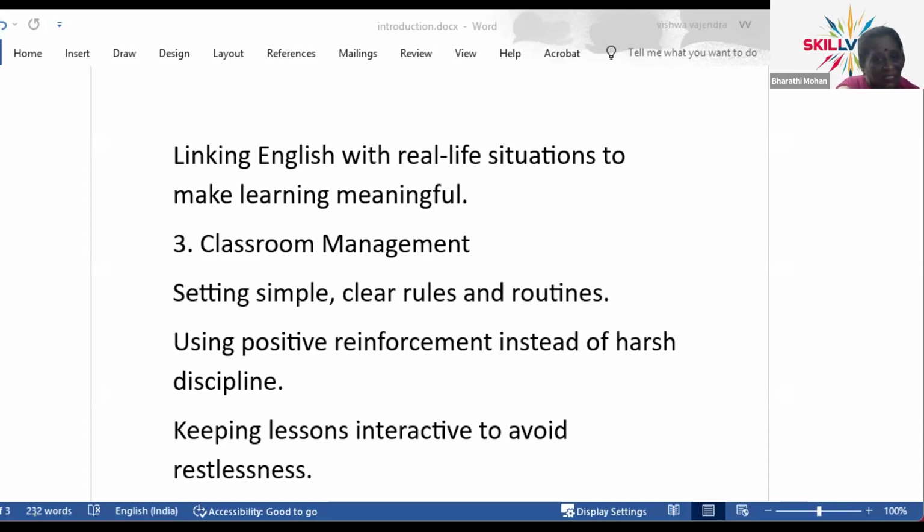Then we should have certain strategies for differently abled children. If they have a physical disability, we have to see that they sit where access is very easy.